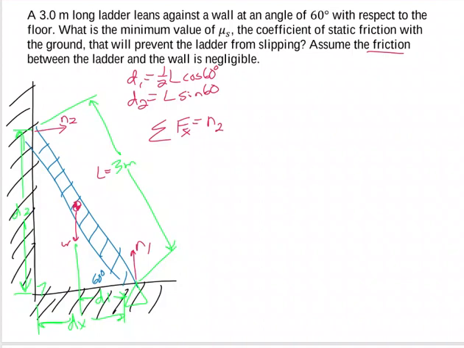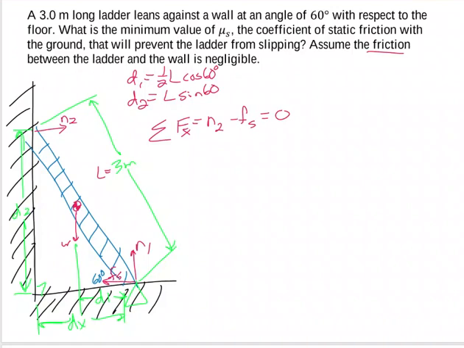No, this way. There is an F sub S here. Okay, so sum of F sub x, normal 2 to the right is positive, but F sub S to the left is negative. So I have minus F sub S. Is this ladder moving? No. Equals 0.